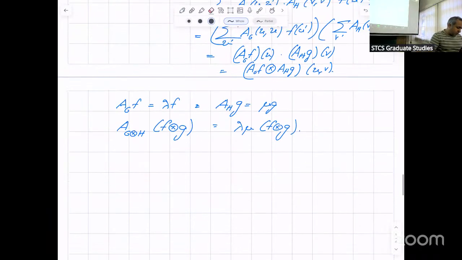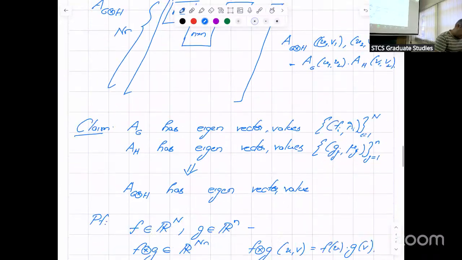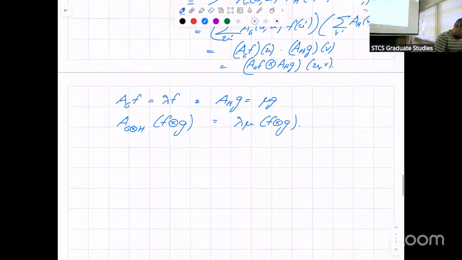So more formally, I'm claiming this has eigenvalue, eigenvector pairs F_i tensor G_j, with eigenvalue lambda_i mu_j, for i and j. And hence we have the following claim.